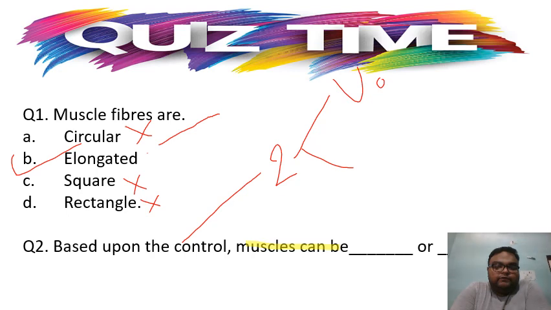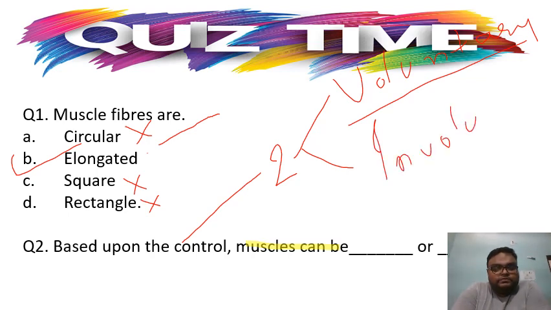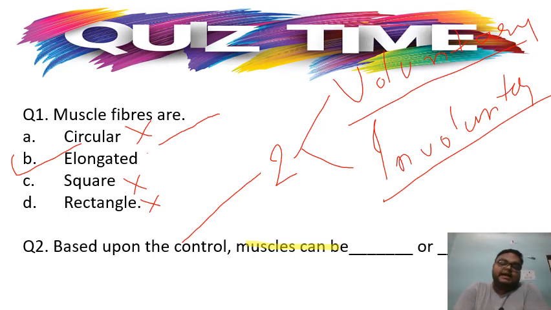First is the voluntary and another one is the involuntary muscles, right? Voluntary muscles are those muscles that we can control at our will, and involuntary muscles are those muscles which we cannot control at our will. They are controlled by themselves, right? They are controlled by our nervous system, right?